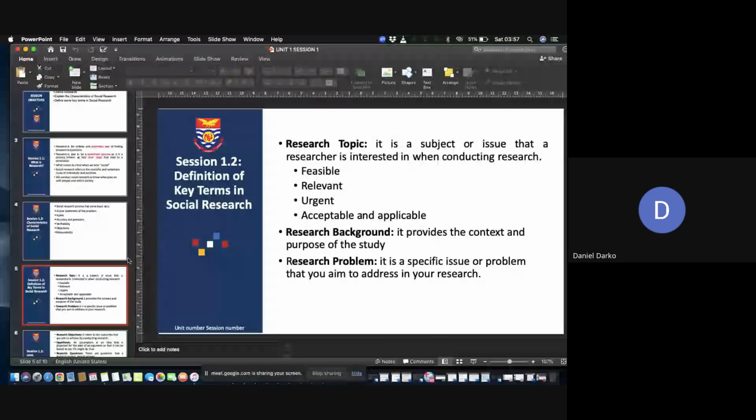Then the next one is research problem. It is the specific issue or problem that you aim to address in your research. So what is the problem? Why is it a problem?